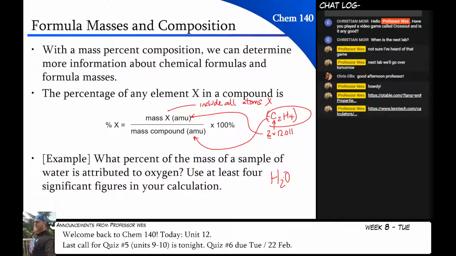Go ahead and try this. Tell me what percentage you get. It should be remarkably large. Most of water is oxygen, it turns out. I'm going to give you 3 minutes to try that.